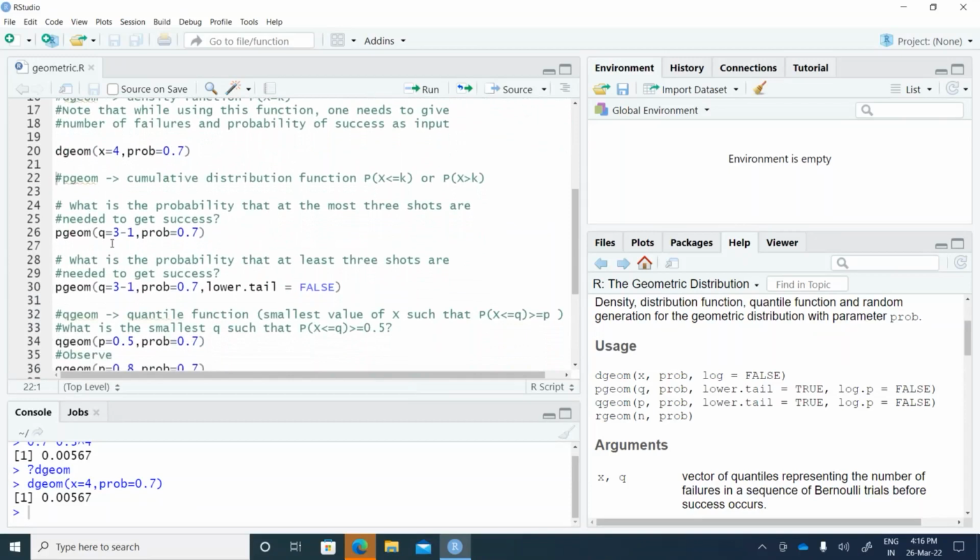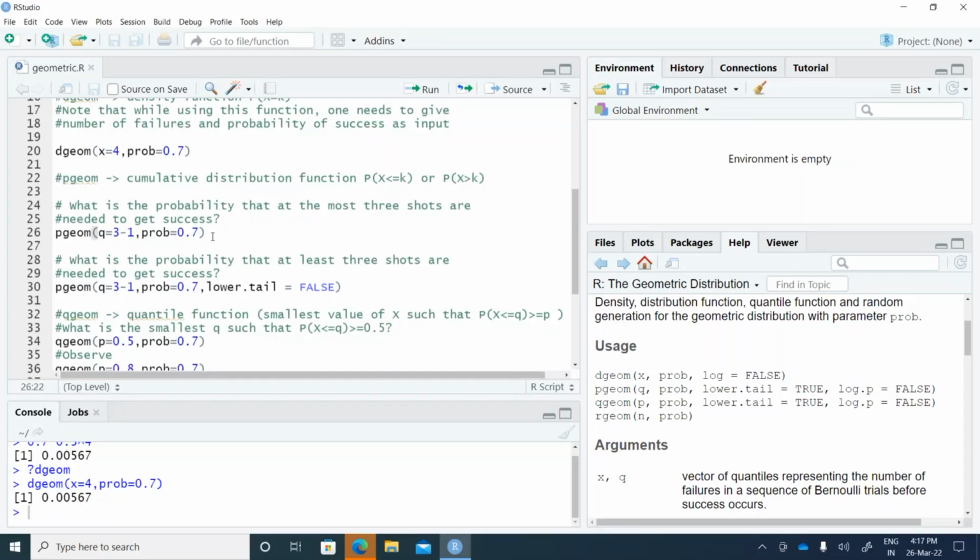So for x less than or equal to 3, we take 3 minus 1 as the number of failures, and the probability is 0.7. The function is pgeom. Here I haven't entered lower.tail because by default it is true and it calculates the probability of x less than or equal to k. That lower.tail has the same meaning as in the previous distributions.